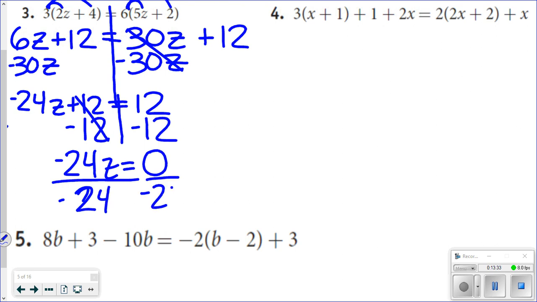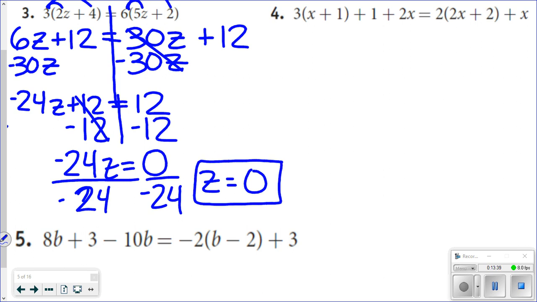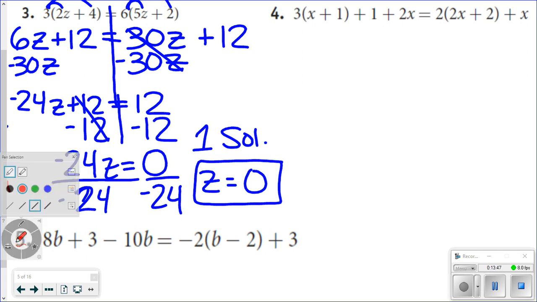Z equals 0. 0 is one number, so this has one solution, which means that I can only plug in 0 for z right here and right here, and it gives me one true statement.